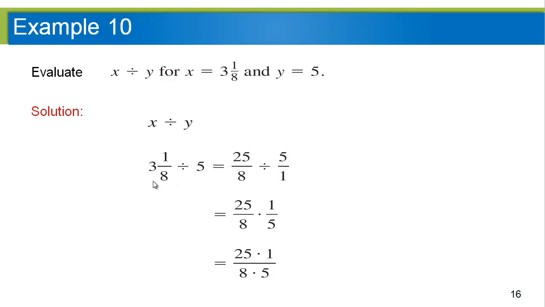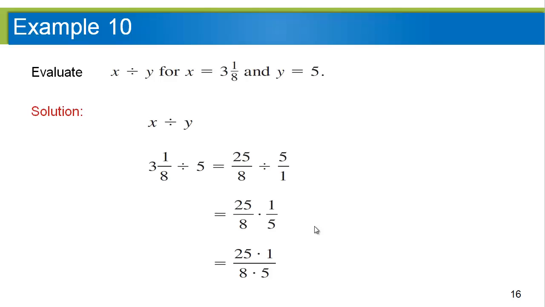We also have to turn 3 and an 8 into an improper fraction, right? 8 times 3 is 24. 24 plus 1 is 25. 25/8. Now we have something that we can manage, right? We have a fraction divided by a fraction. But we can turn that into multiplication by flipping that fraction, getting its reciprocal. Now we get 25 on the top, 40 on the bottom.